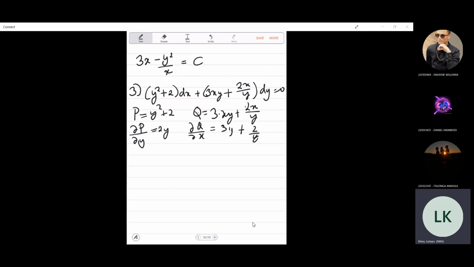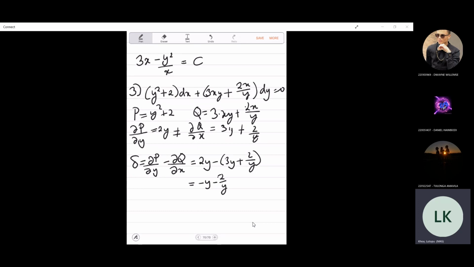Okay, so what we do is we work out our integrating factor because these two are not equal. So we find delta, which is dp dy minus dq dx, which is 2y minus 3y plus 2 over y. So this is minus y minus 2 over y.